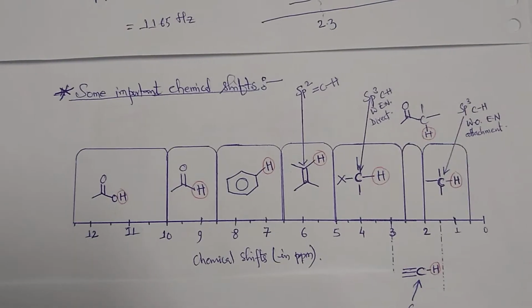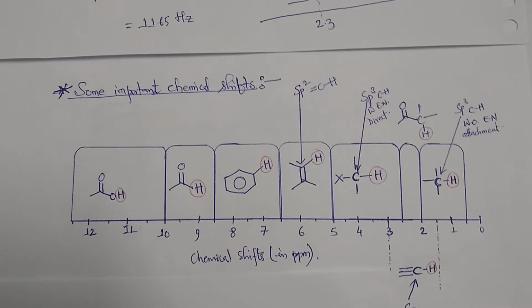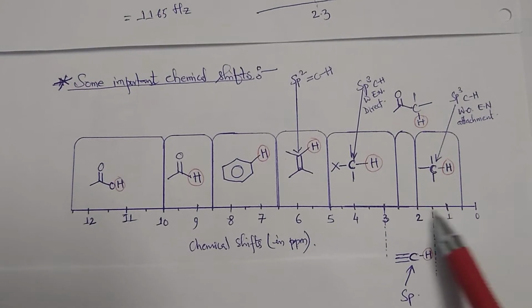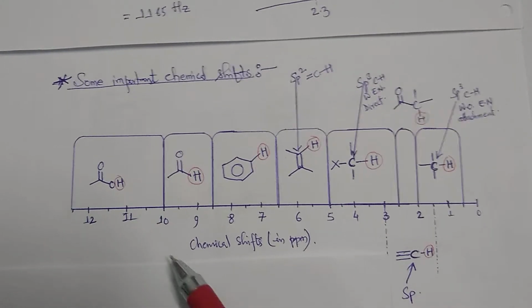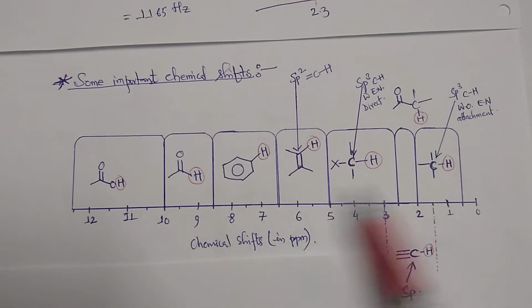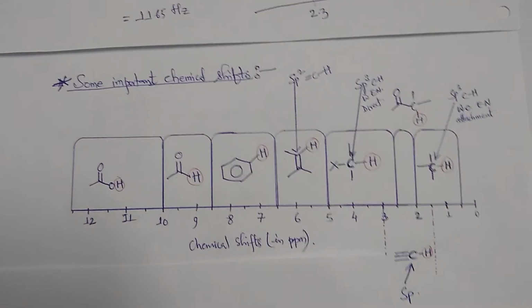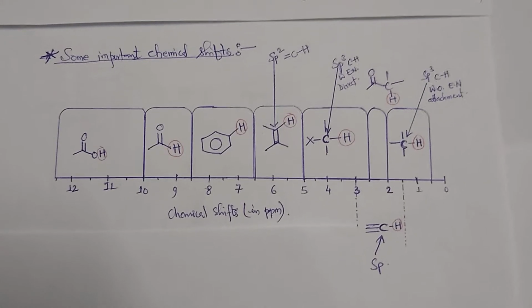Let us proceed further with some of the important chemical shifts in proton NMR spectroscopy. This is our NMR scale, which is shown from 0 to 12 chemical shifts in ppm. Before going through this, let us have an idea about shielding, proton shielding and proton deshielding again.